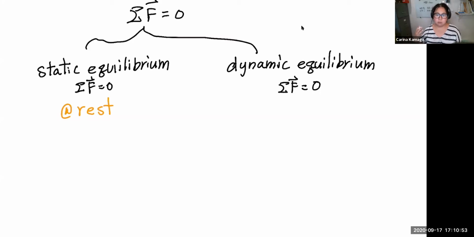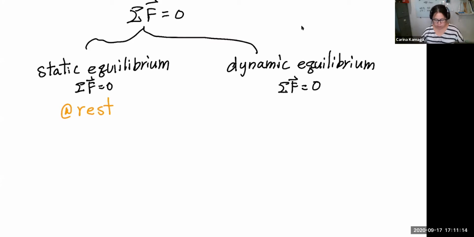Such a motion, when the object is in dynamic equilibrium, when the net force is 0 and the object is in motion, that motion should be a constant motion. Constant motion means that it's moving at a steady speed in a straight line without any change, just moving smoothly.